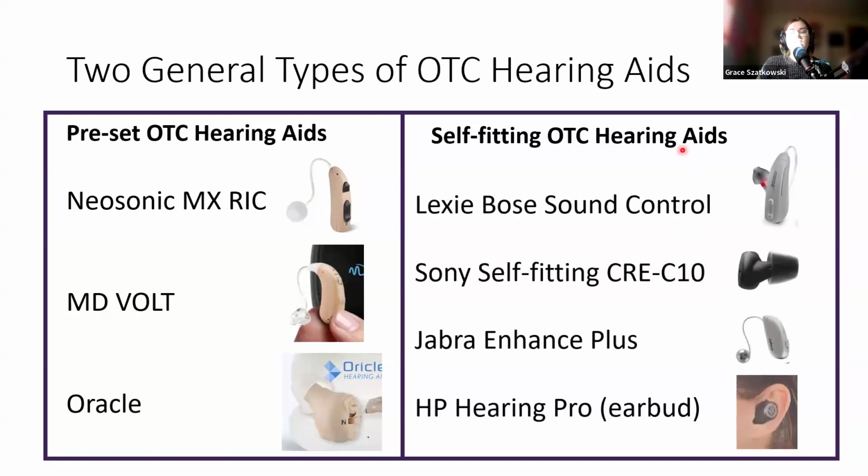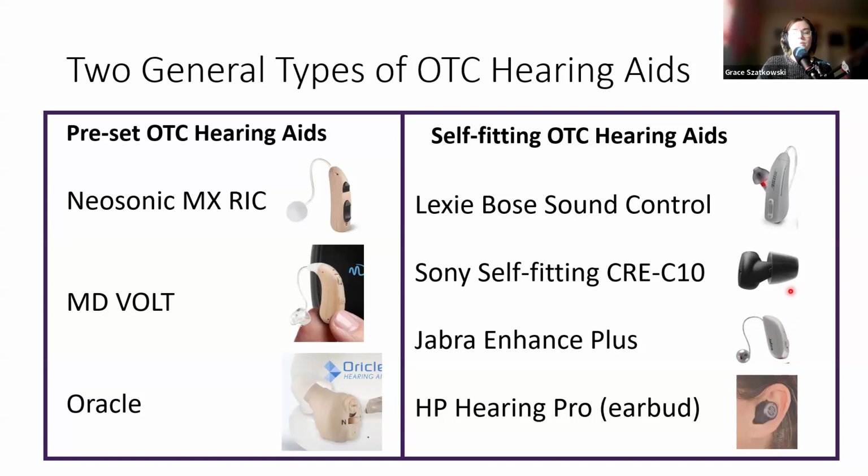And then these are some examples of self-fitting hearing aids. So you can see they also come in all different shapes and sizes. A very popular one is called the Lexi Bose, which you do have to connect to a smartphone for all of these, I should say, to turn it on, program it yourself. You'll see some of them look like earbuds too, and some of them are quite big earbuds.